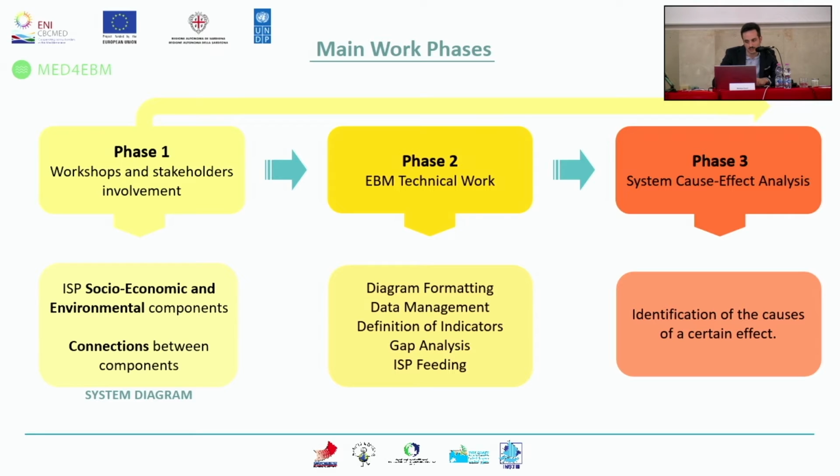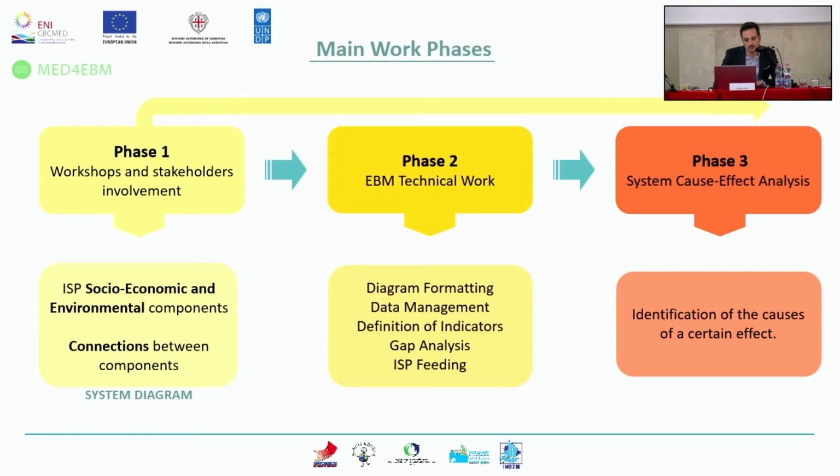We will see later phase number 2, which is the EBM technical work, in which we will analyze the data collection, the diagram formatting, the gap analysis, and eventually we will watch a video concerning the ISP feeding. Following phase number 2, there will be phase number 3, which is the system cause effect analysis, but we decided to take it later during the session of tomorrow morning.